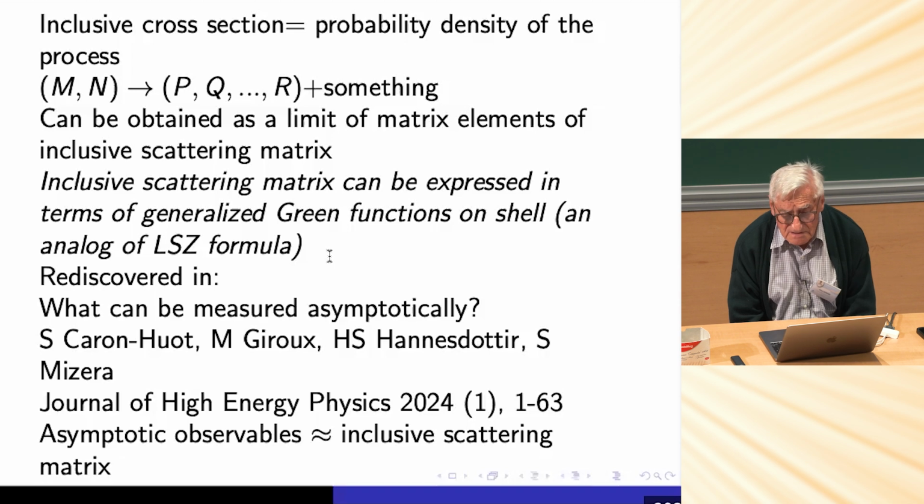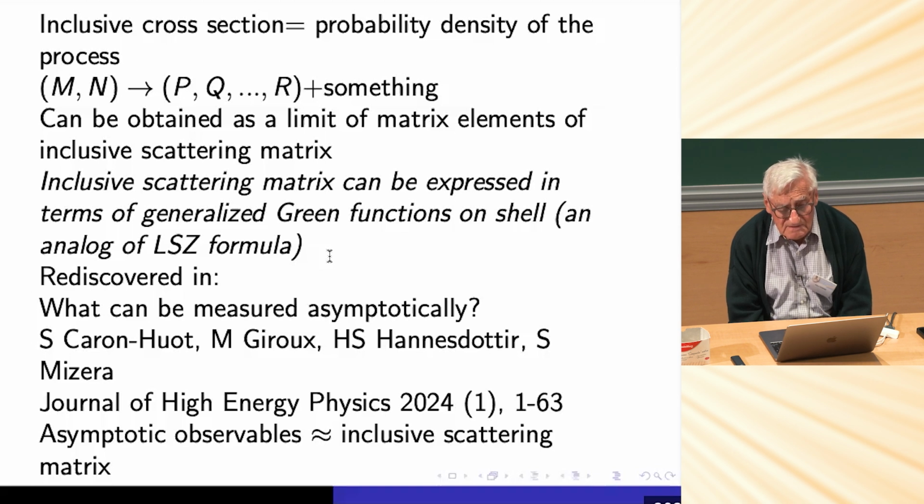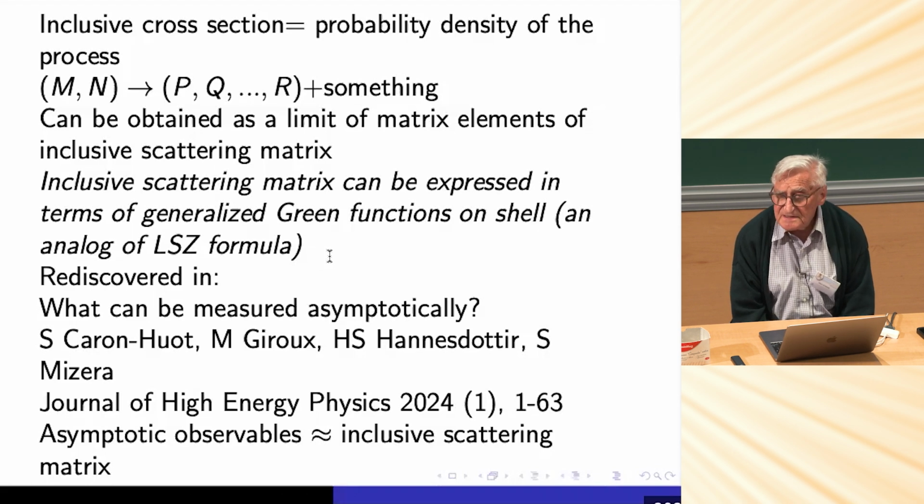But what I introduced is something else. This is the inclusive scattering matrix, which is closely related to inclusive cross-sections. But you should not take any squares; simply you should take some limits and you will get the inclusive cross-section.